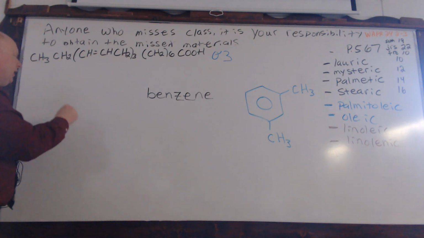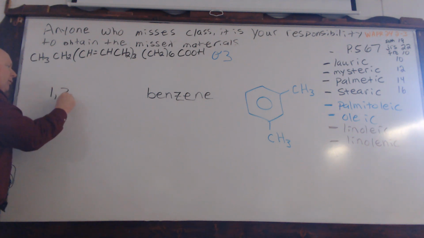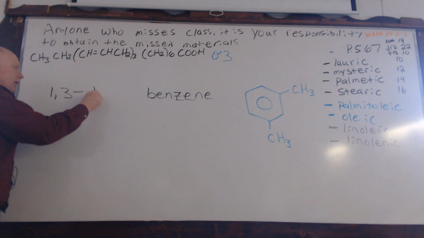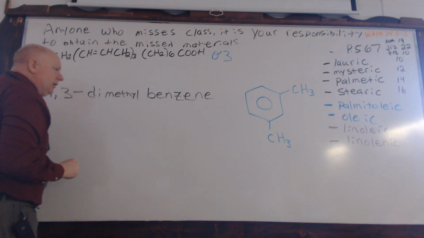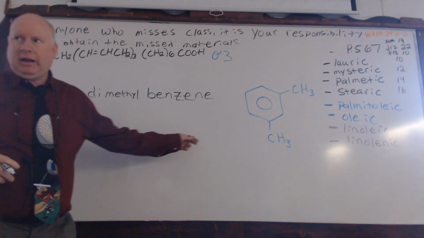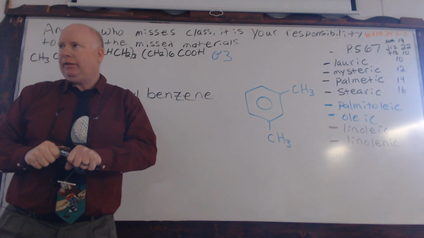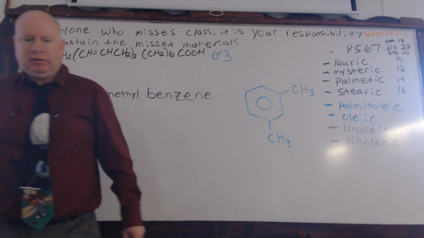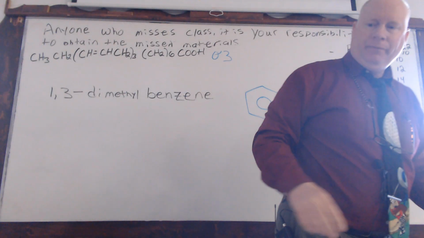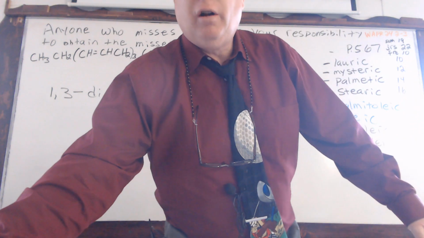So then we've got 1,3-dimethyl benzene. There's a shortcut that we could take, but we're not quite ready for that yet. That's more of a senior level application. So I just wanted to take this opportunity to pass that along to you.